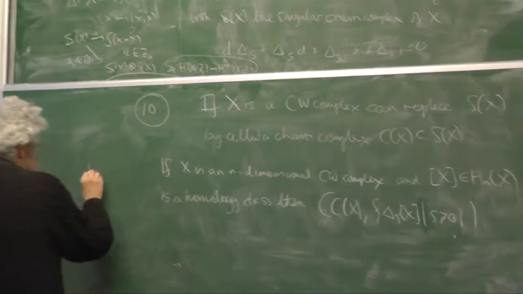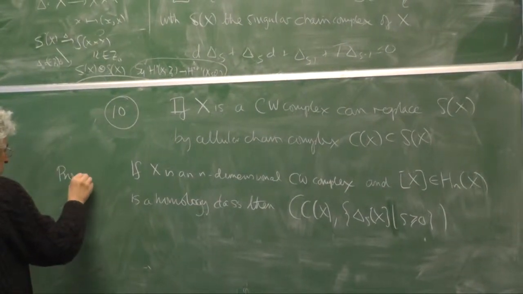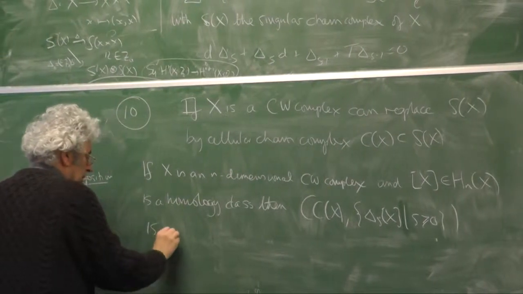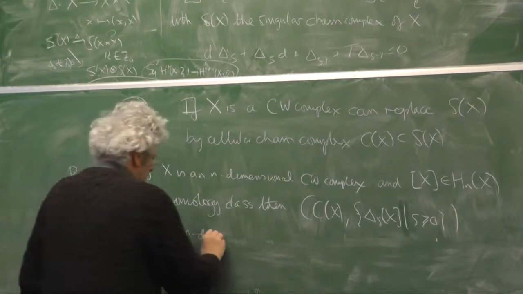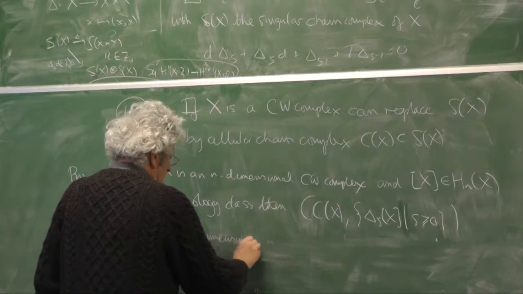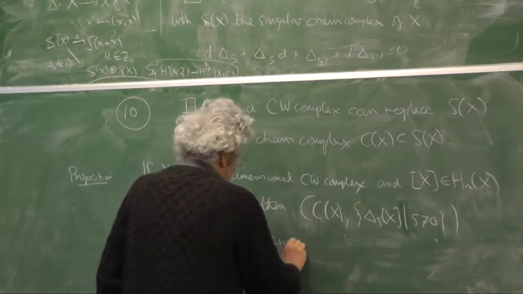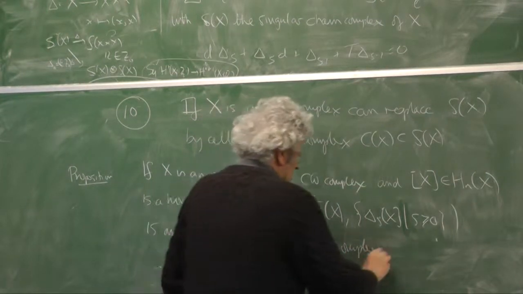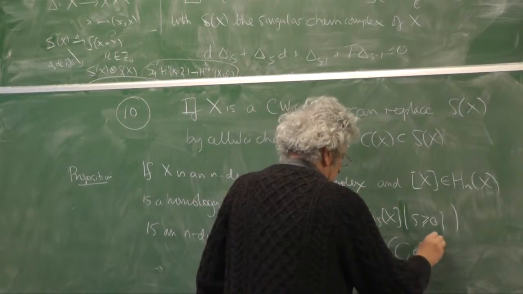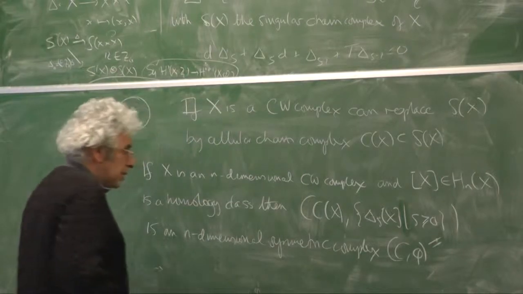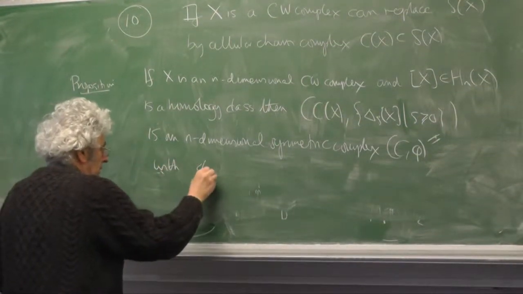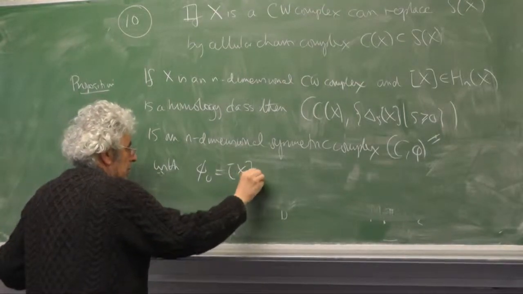So let's have a proposition: there is an n-dimensional symmetric complex C phi with phi naught the cap product.